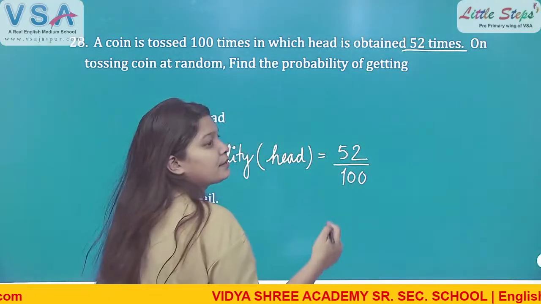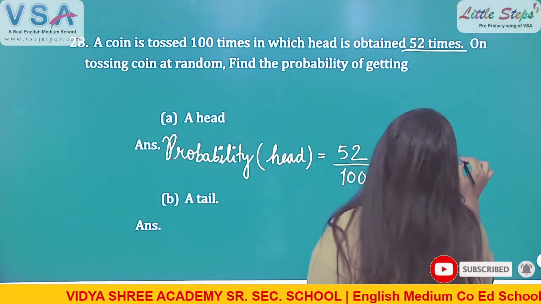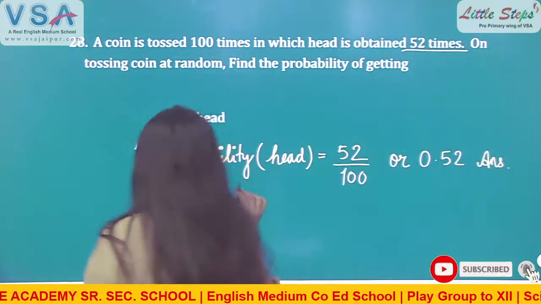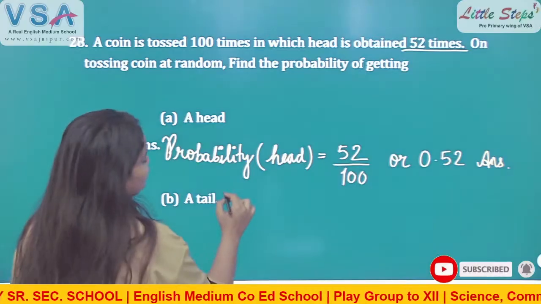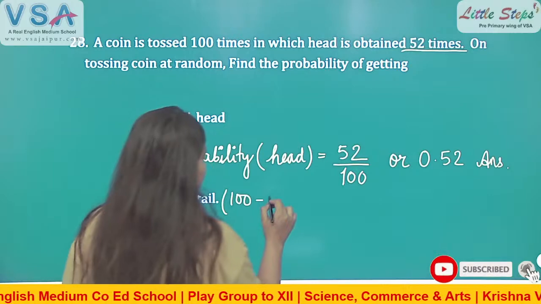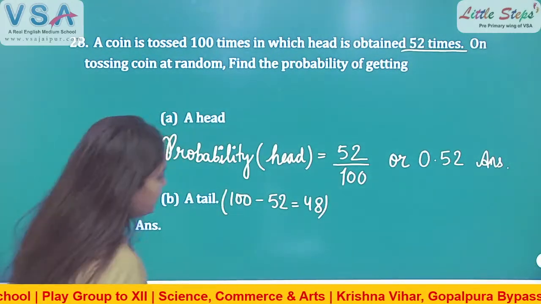We can write the answer, as well as in decimal form, 0.52 is also the answer. Now we are finding tail. Before that, we need to subtract the chances from 52. How many times will tail come? 48 times.